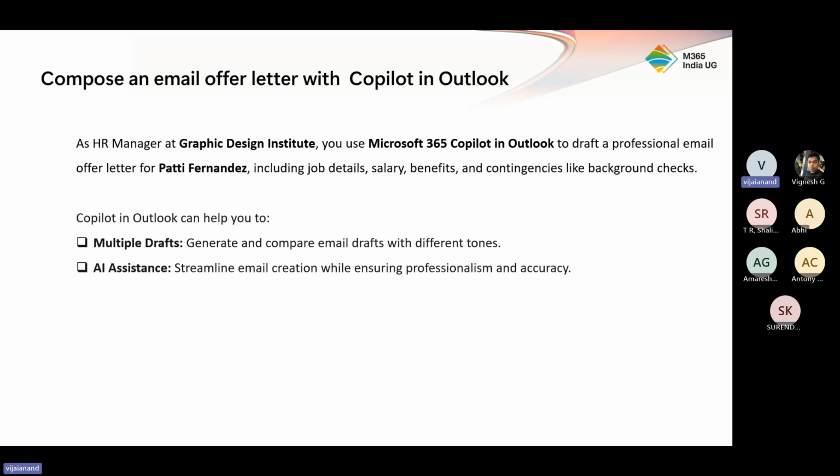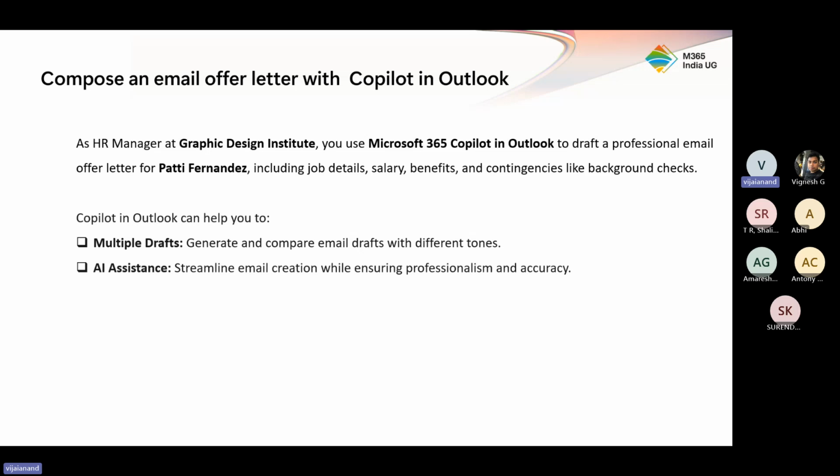Okay, let's go to the next use case. Let's see how Copilot is going to help HR professionals while they are using Outlook. Let's imagine that you are an HR manager and you have interviewed a candidate for a design engineer role, and the candidate has cleared the interview. Now you want to send an offer letter with all the required information.